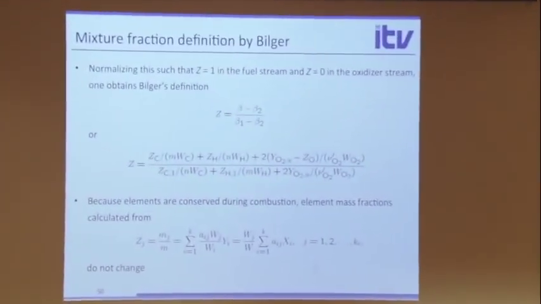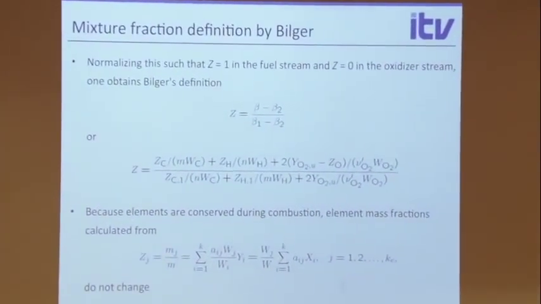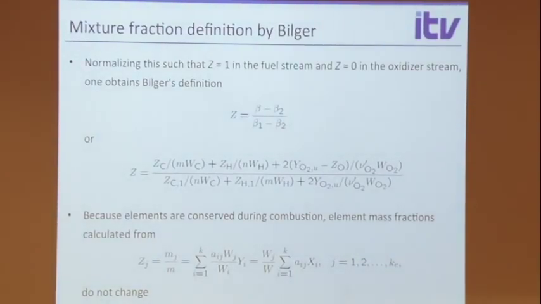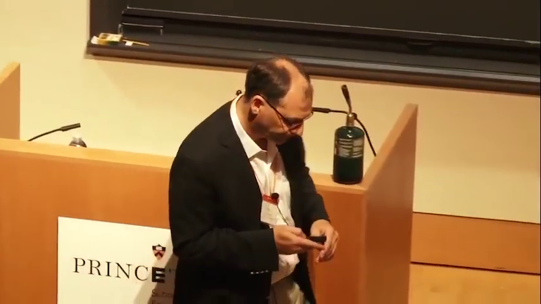This is a definition introduced by Bob Bilger. This can also be nicely used to look at experimental data. The one-step reaction would say methane plus oxygen goes to CO2, but maybe you do a measurement and you find CO, and all these things, and then you can evaluate the mixture fraction based on all the measurements you did.